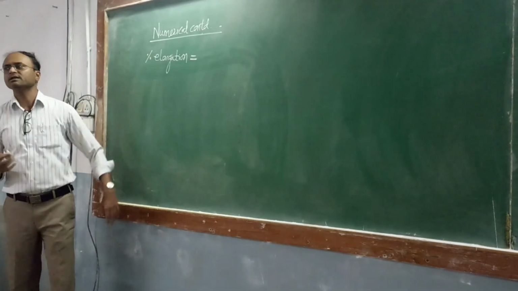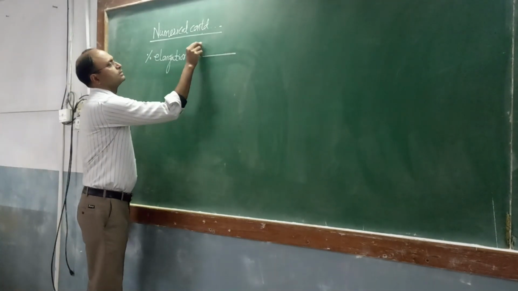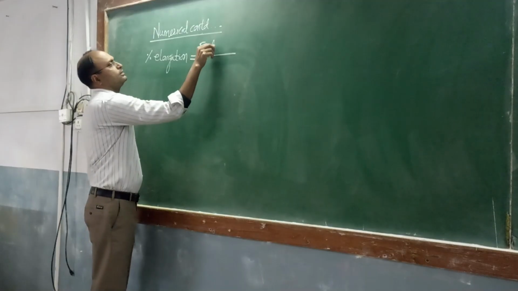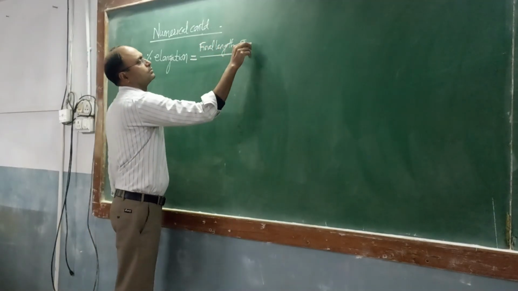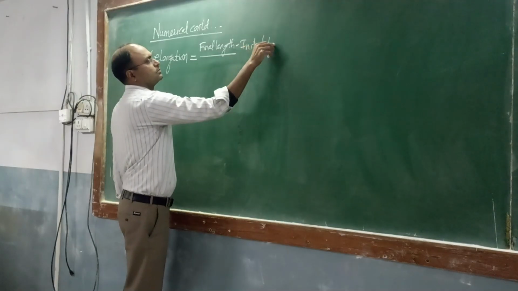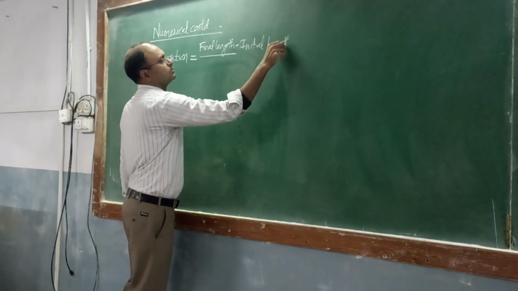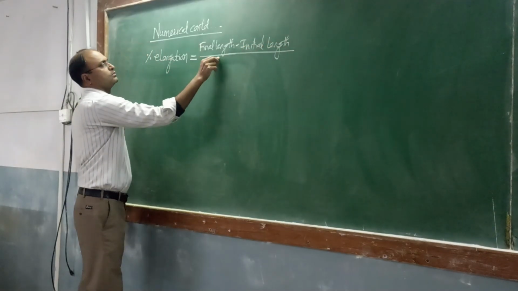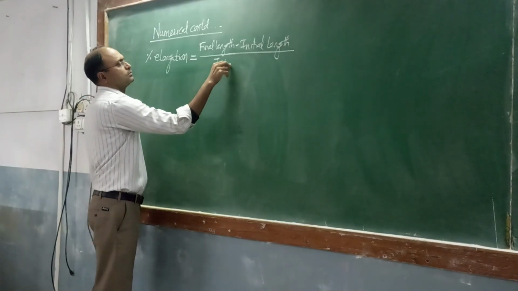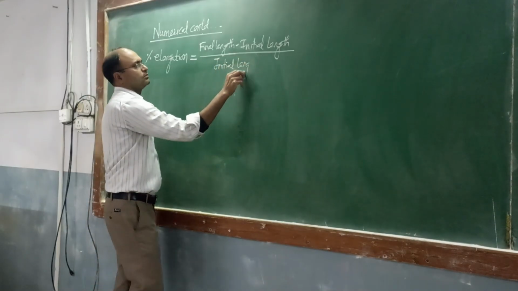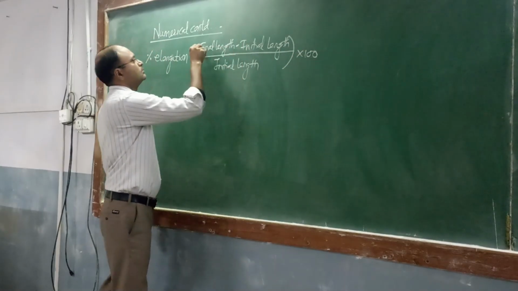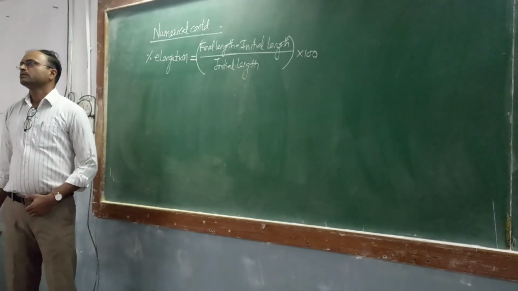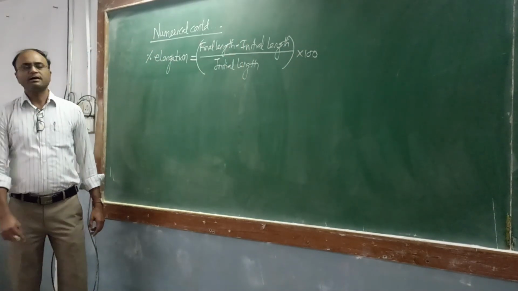Okay, now percentage elongation, how to find? Final length minus initial length upon initial length into 100. Tell me, what is the final length?